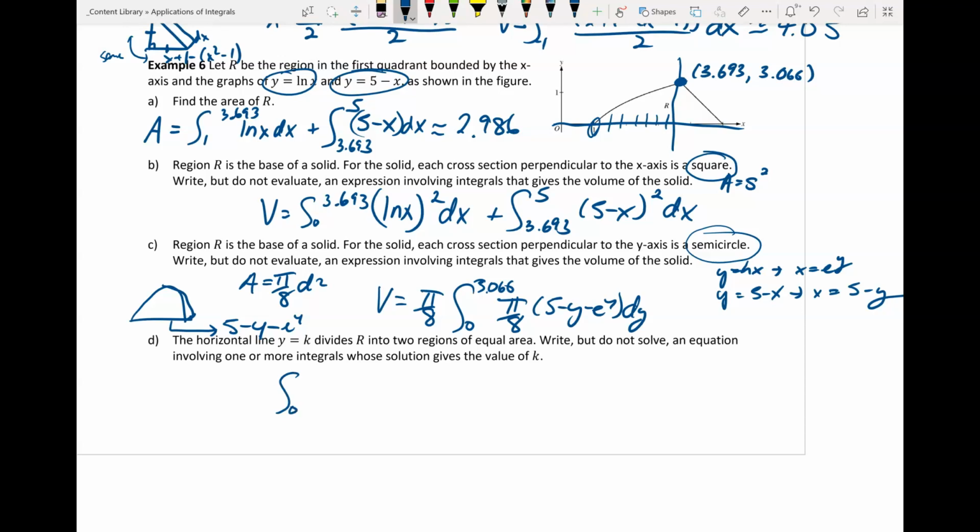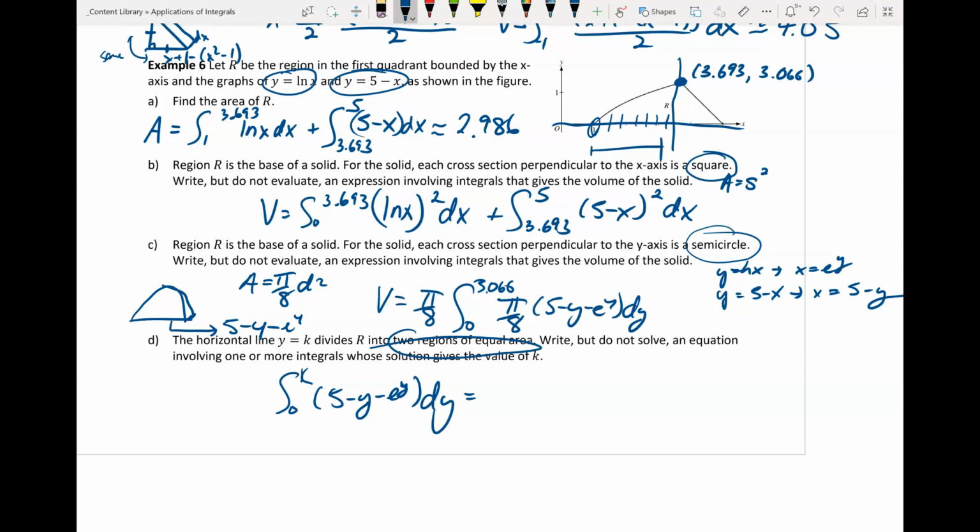So we can say that from 0 to k, if we want to find the volume of just this section, it's going to be what we just found in C, 5 minus y minus e to the y dy. And this should be equal to, because I'm cutting it somewhere in between this interval, it says that these two regions have to be equal.